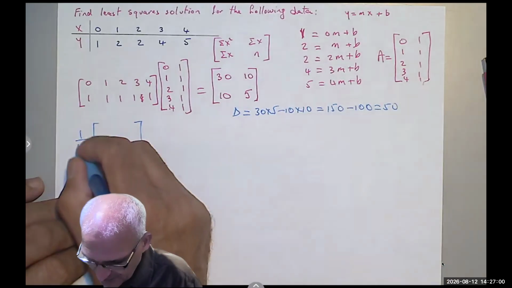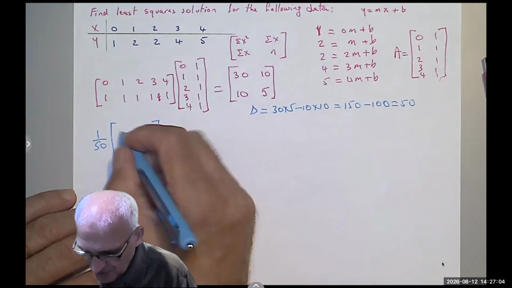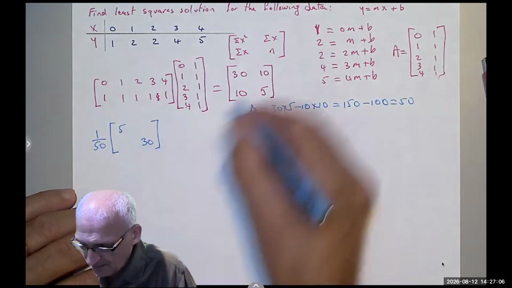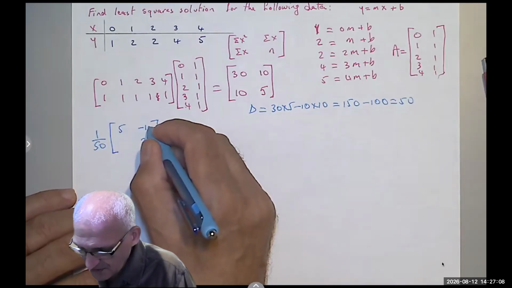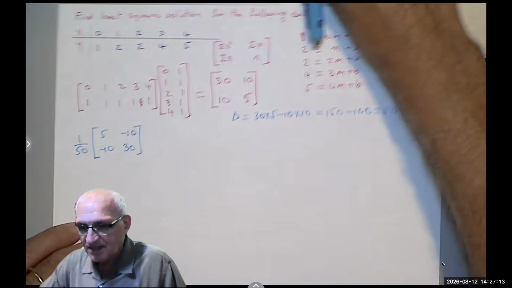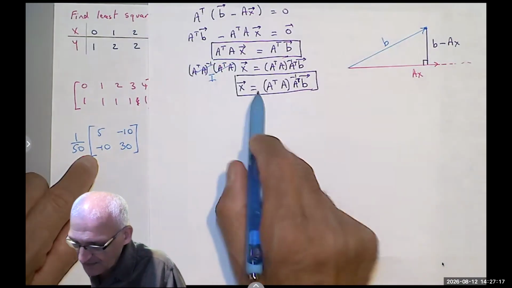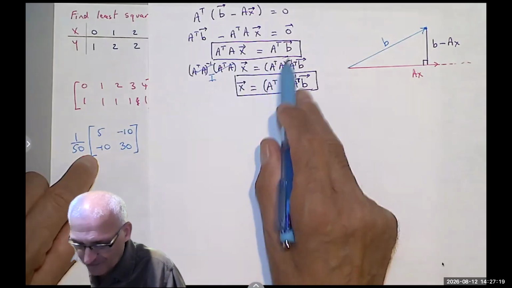So 1 over 50. I'm going to change that. So these are 5 and 30. Multiply these by -1. So it's -10, -10. I'm sorry, this is A transpose A inverse.